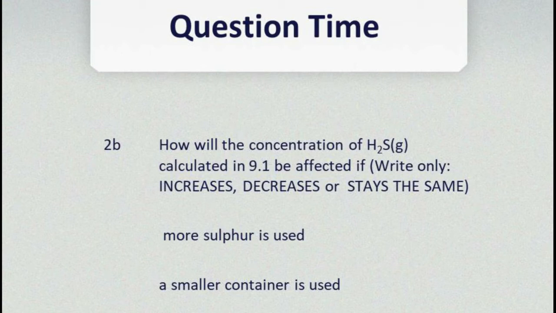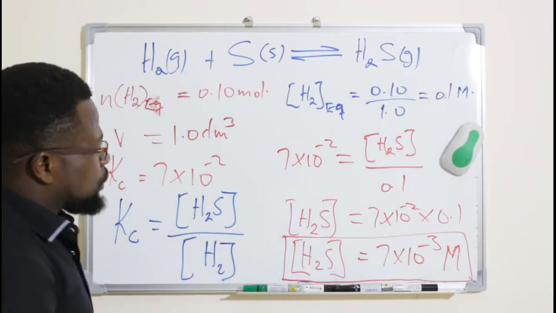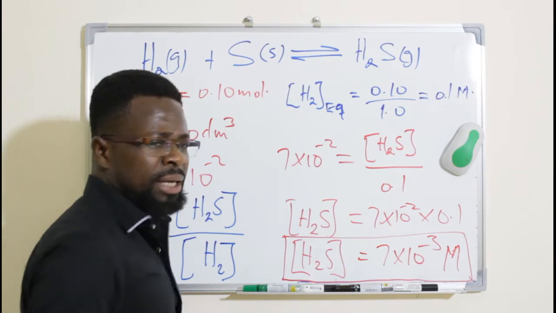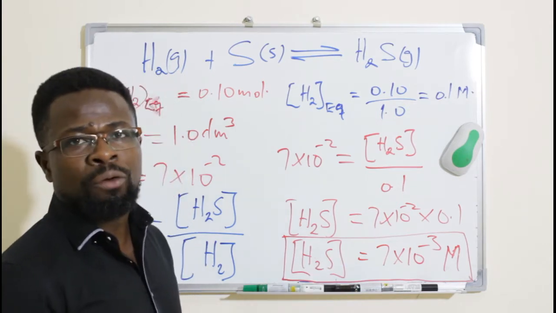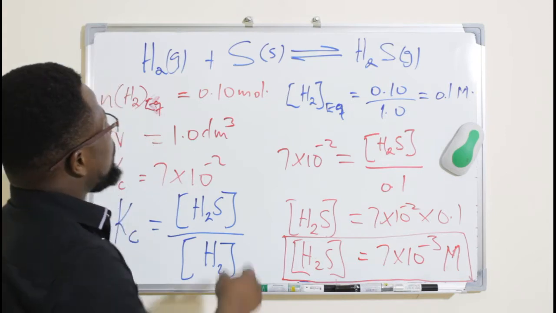And it's saying more sulfur is used, a smaller container is used. Right. So let's go straight to the board and solve the problem. We want to find what is going to happen to this value that we have calculated if more sulfur is used. If we use more sulfur, what is going to happen?